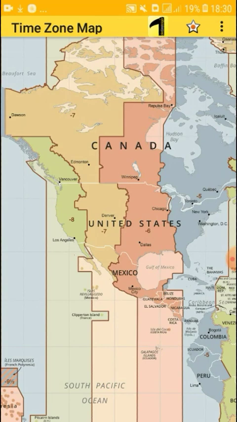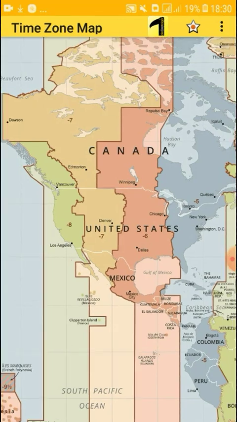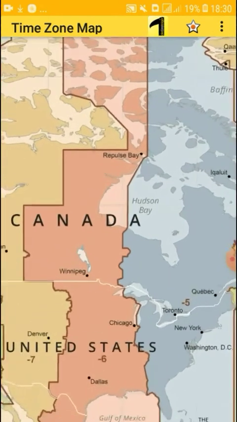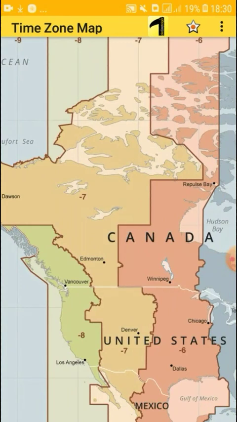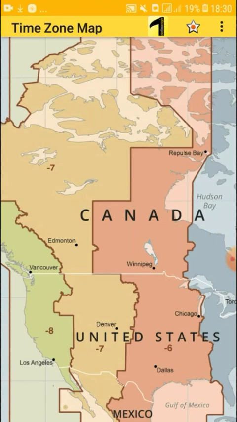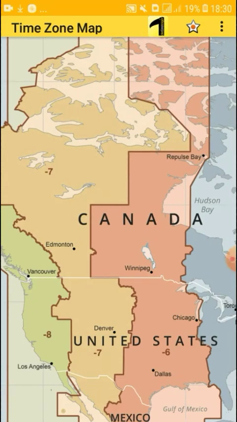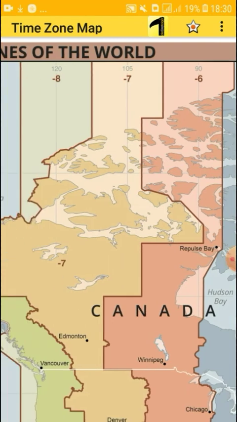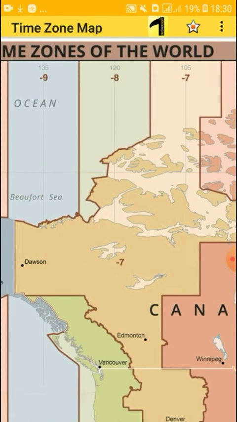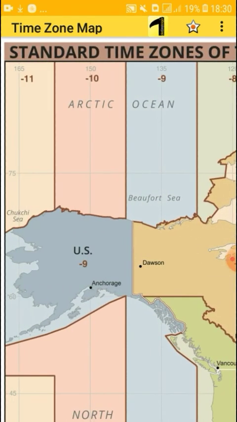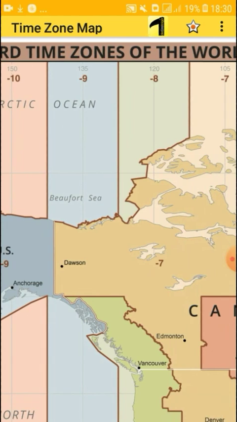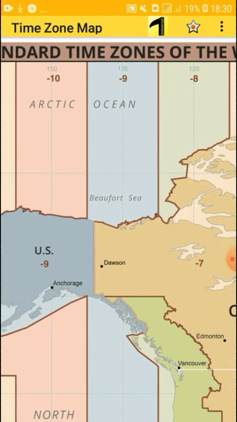Look at the location of Canada in the world time zones map. It ranges from 52 degree west longitude to 141 degree west longitude, approximately.